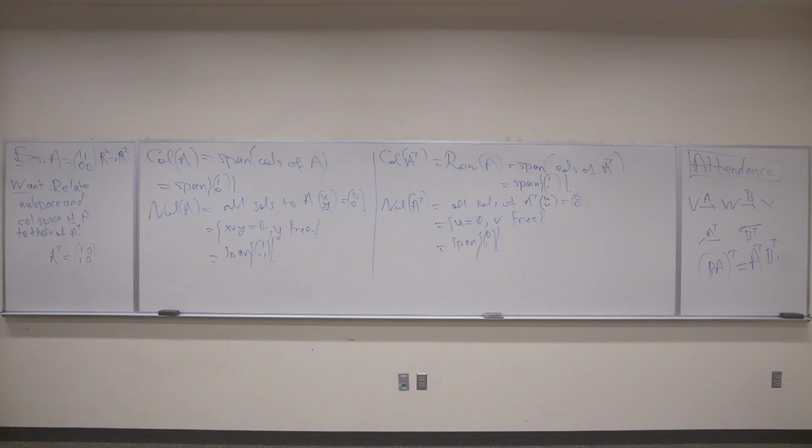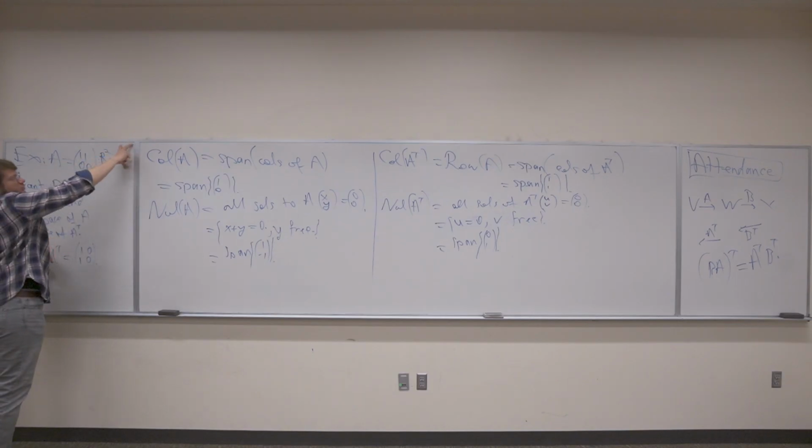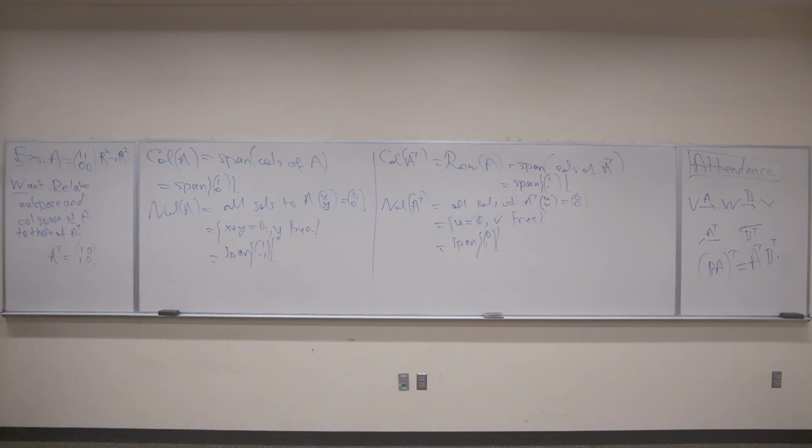Now, I want to think of R2 to go from here to there, and A to go from here to there, and A transpose to go from here to there. I'll draw it over here. Okay.